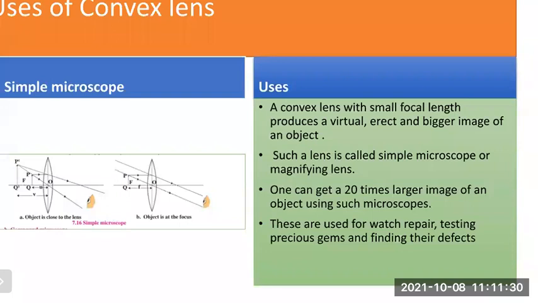These are used for watch repair, testing the precious gems and finding their defects. So you might have observed that while repairing the watch, they are using the magnifying lens. So it is nothing but the convex lens.